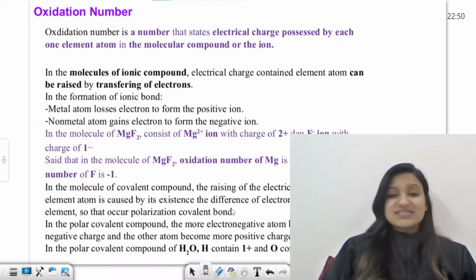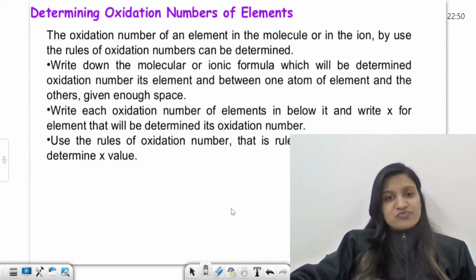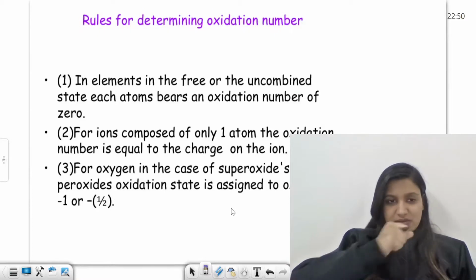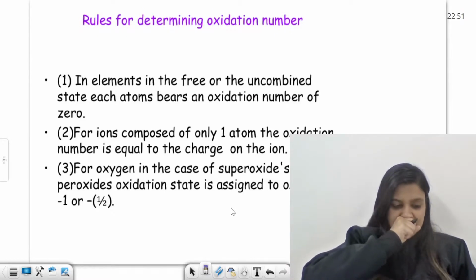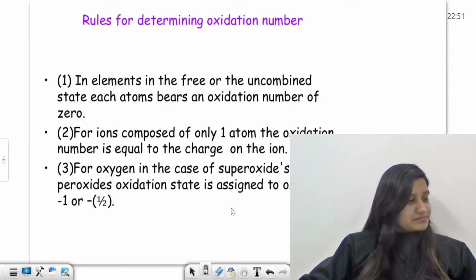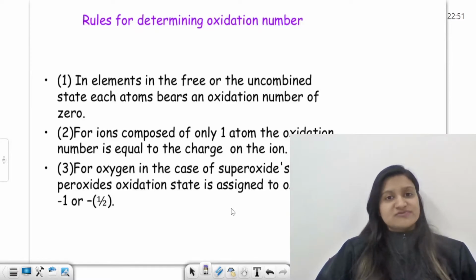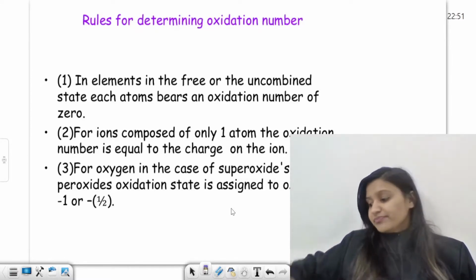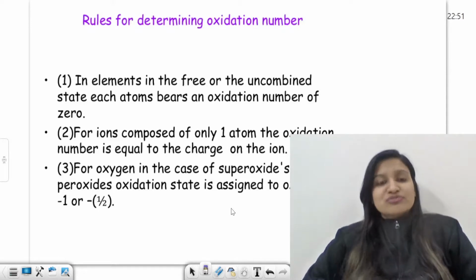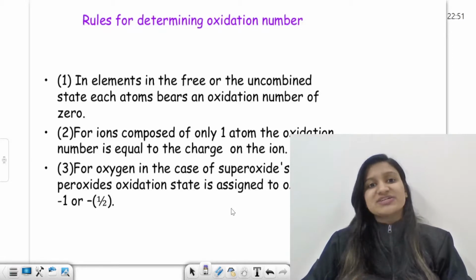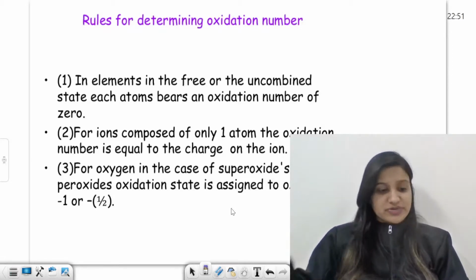If this is somewhat confusing for you guys, let's move ahead for a while. You'll understand that. Let's look at the rules first for writing the oxidation number. And in tomorrow's session, we will do a lot of questions related to oxidation number.